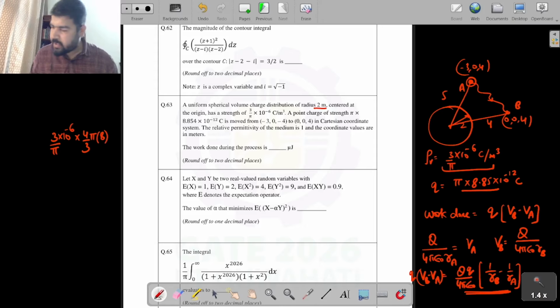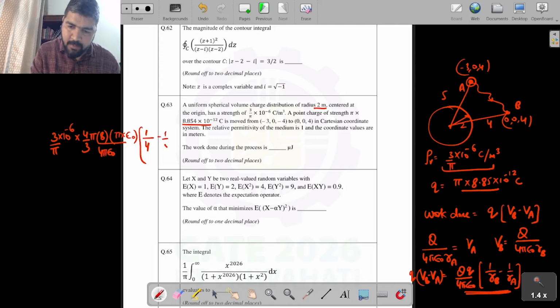Into the small charge q, which is pi epsilon naught, divided by 4 pi epsilon naught, into 1 upon RB, which is 4, minus 1 upon 5. So this is the work done.